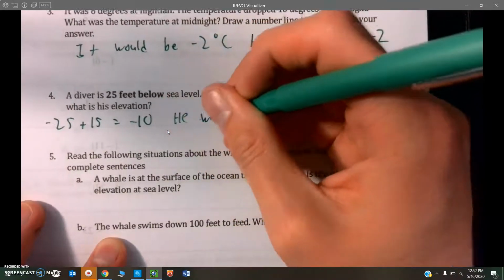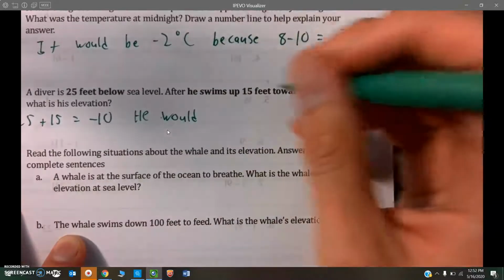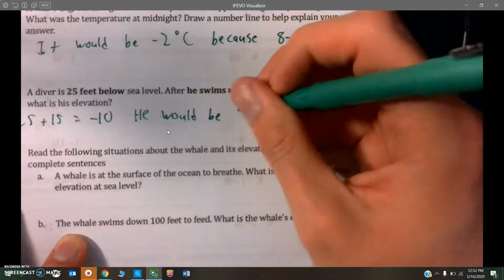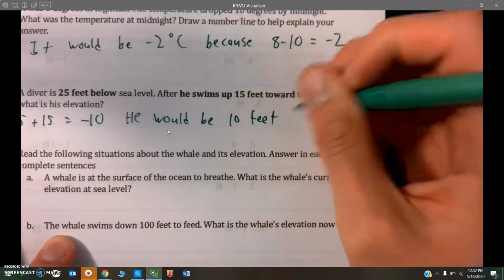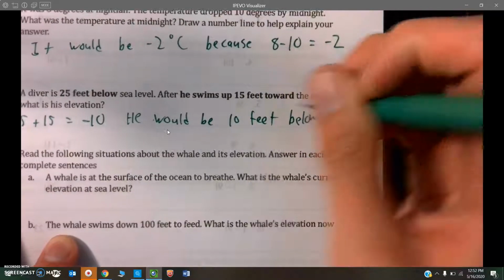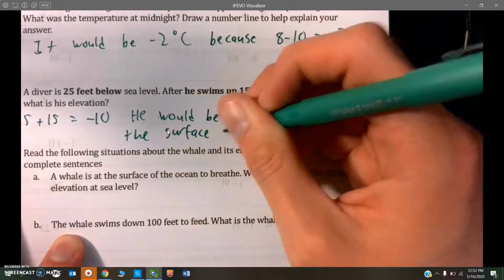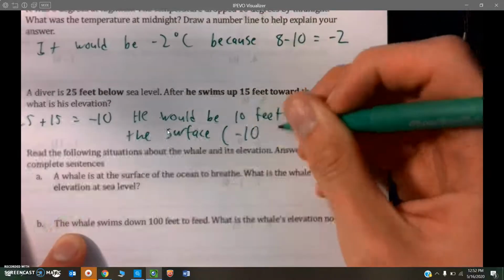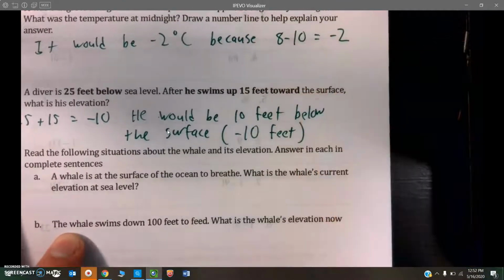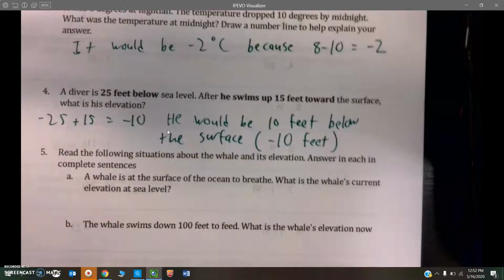So he would be 10 feet below the surface still, and that is an elevation of negative 10 feet. If you're below the surface of the ocean, then your elevation is negative.